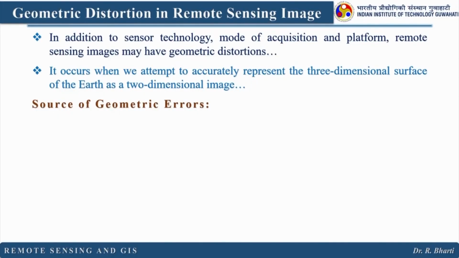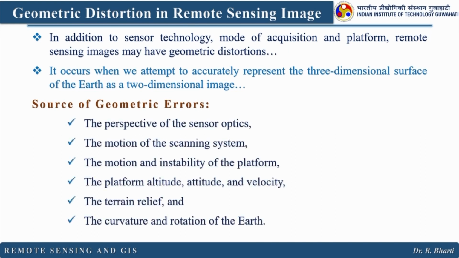So what are the sources of geometric error? The first one is the perspective of sensor optics, whether the optics are aligned properly or not. Next is motion of the scanning system. In the case of satellite images, whether the satellites are moving at their predefined velocity or it is changing with time.